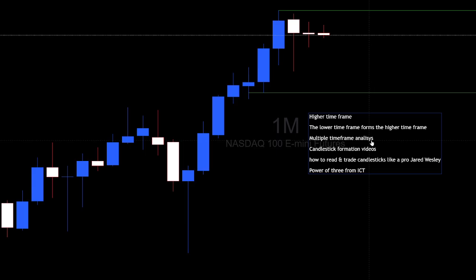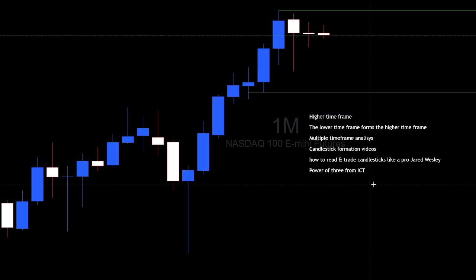We need to have a bigger perspective about the formation in a higher time frame, because once the trend is formed, once the trend is ongoing, it's more likely to keep the trend than reverse. So that being said, we need to learn how to read the candlestick formation.